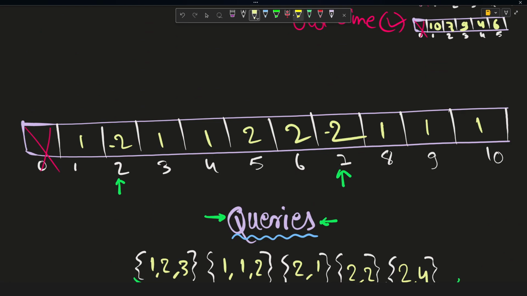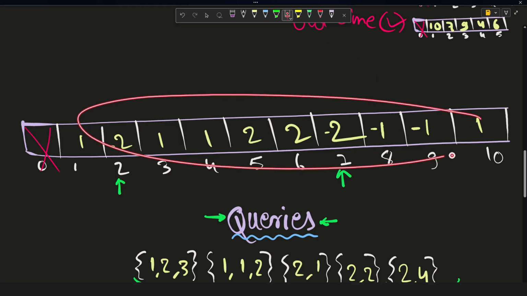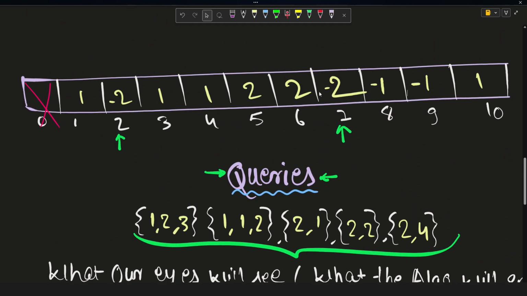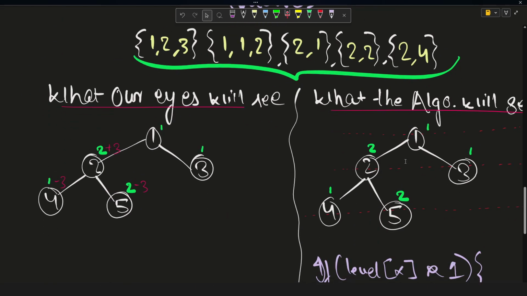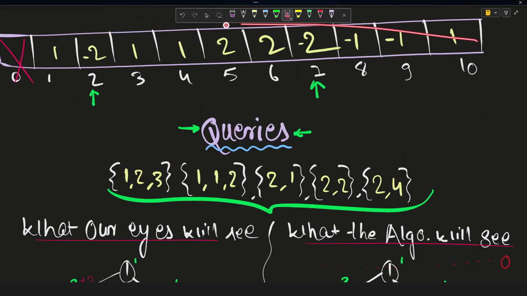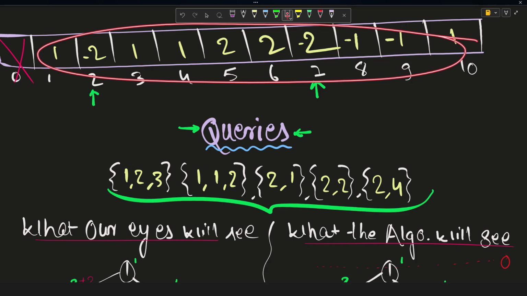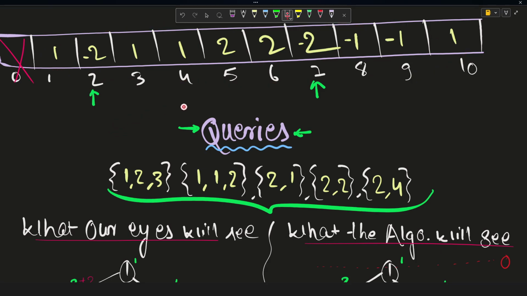Since the third node is represented by these two indexes, I will store -1 here instead of +1. And you will very soon realize how this little modification will help us. So this is the Euler tour array that we will construct initially based on the level of the nodes, and this is the current status of my Euler tour.